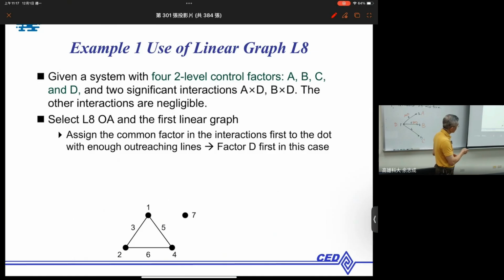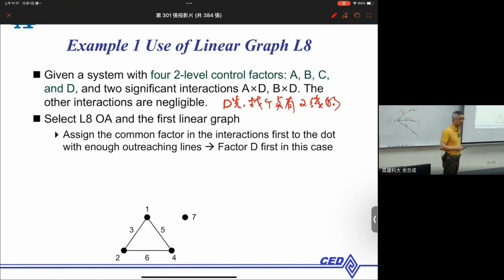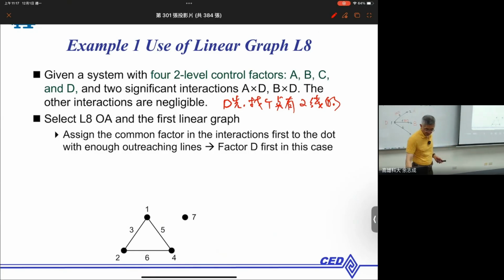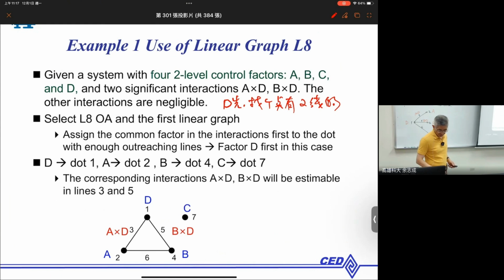We need to find a dot with 2 lines for D, since we need to analyze AD and BD. So this is our example. We tried that before.